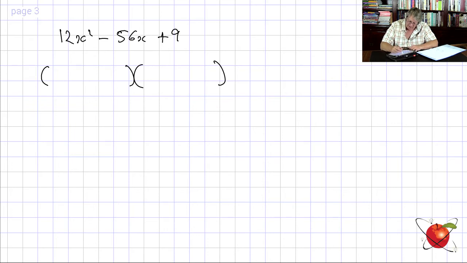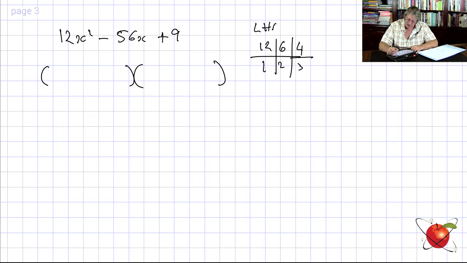Now let's have a look at the left-hand side. What are my options? 12 and 1, 6 and 2, 4 and 3. The right-hand side is 9 and 1 and 3 and 3. Goodness gracious me, what do we do? Can you see here we've got column 1, column 2, and a lot of permutations and combinations, haven't we?